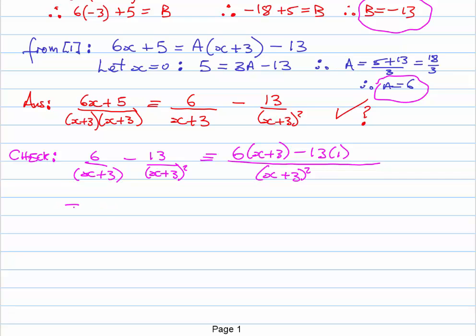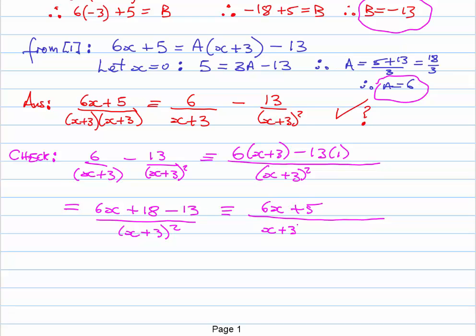We evaluate this and we have on the top 6x plus 18 minus 13 over x plus 3 all squared, which is the same as writing, well, 18 take away 13 is 5, so we've got 6x plus 5 over x plus 3 all squared.